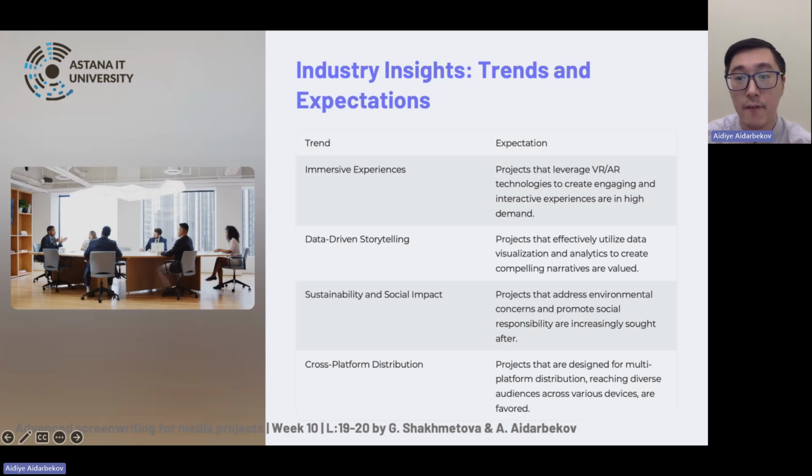So projects that effectively utilize data visualization and analytics to create compelling narratives are valued. And here, what we can discuss and take as an example is advertisements. And for advertisements, maybe, who knows, in future you will work with some governmental structures, with akimats, with NGOs, or like we discussed in another class, sustainable development goals, maybe the United Nations, organizations.